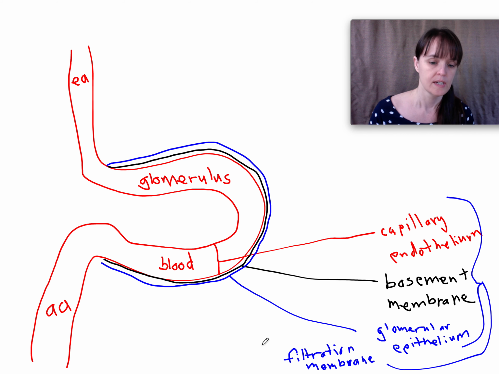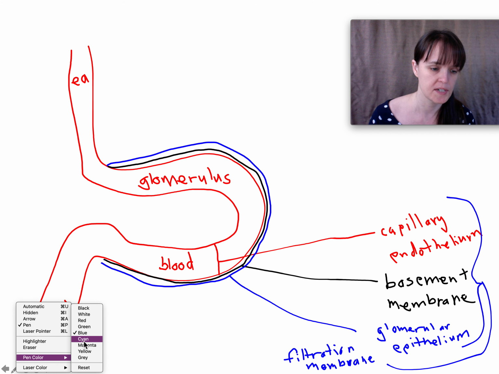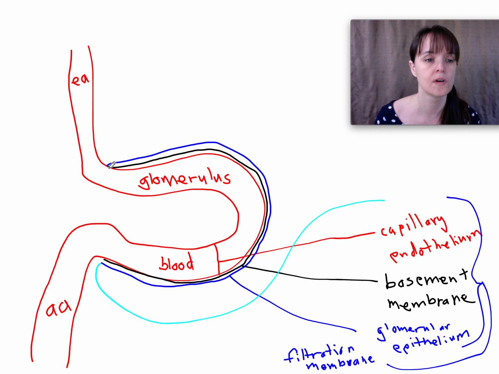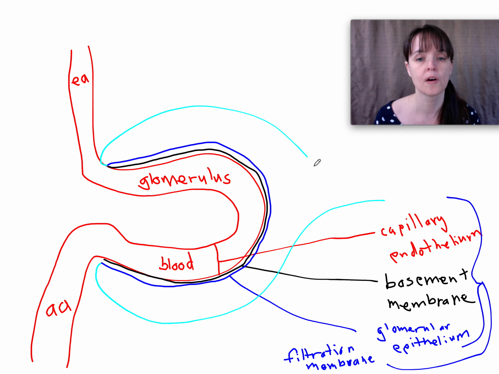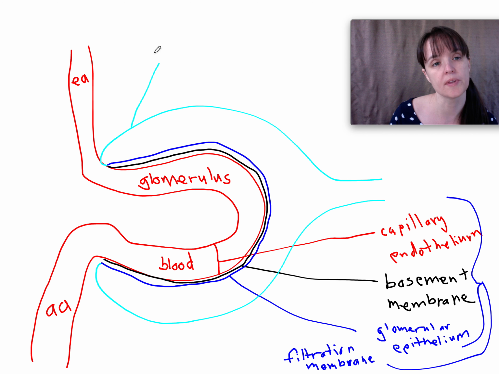Okay, so this layer continues, and it's the same layer. I'm changing color just because it has a different name, but it's the same stuff. Okay, so this is the capsular epithelium layer.